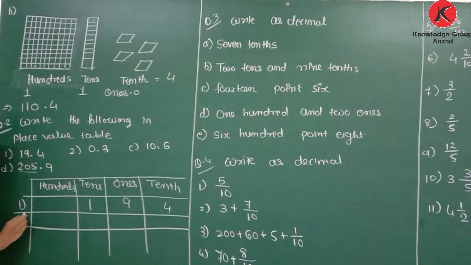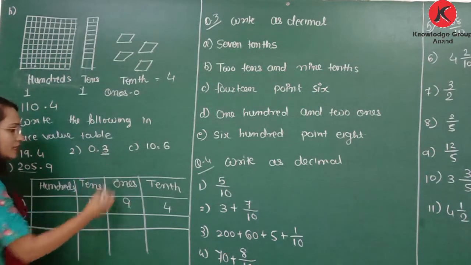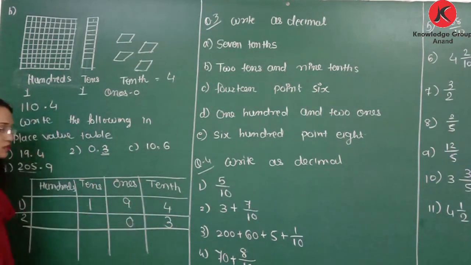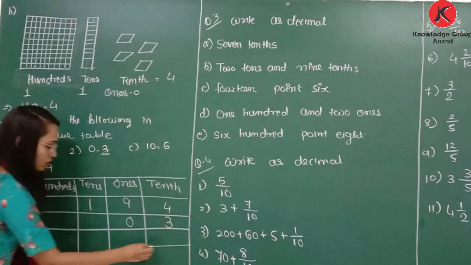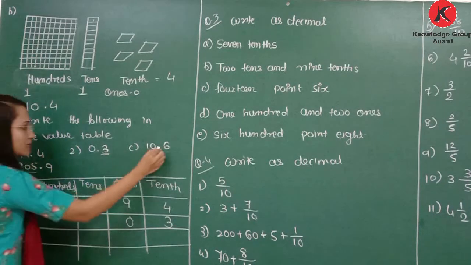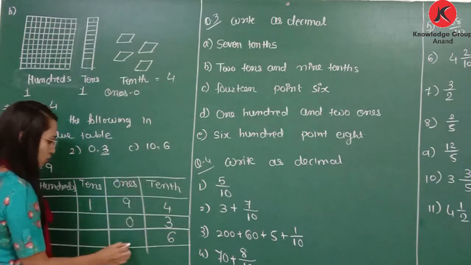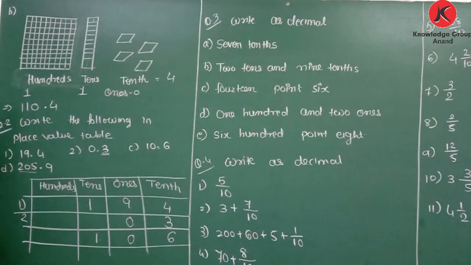Now for the second one, 0.3. So 3 is at the tenths place, so that will be here, and 0 is at the ones place. So in a place value table we can represent like this. Third, 10.6. So now 0.6 is there, so it will be here. 6 is at the tenths place, 0 at the ones place, and 1 at the tens place.